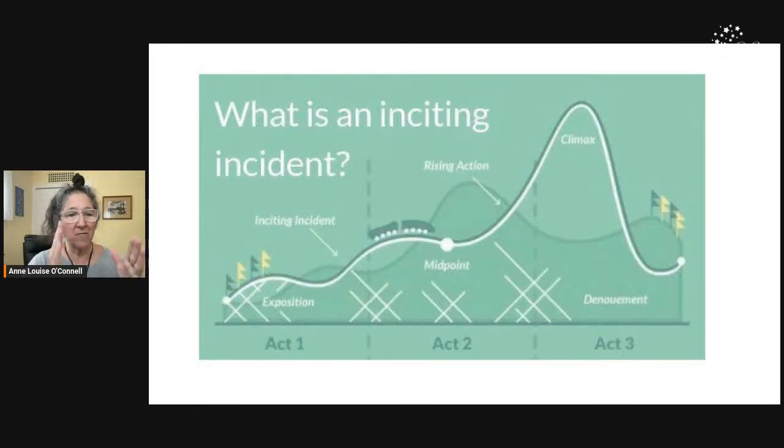So toward the end of that first act, there has to be some kind of an inciting incident, and that means the roadblock or the explosion or the unexpected occurrence that sends your main character into the meat of the story.